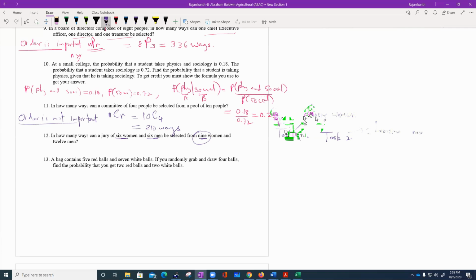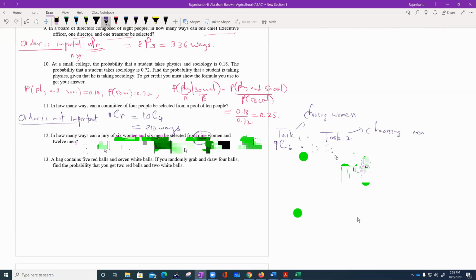How many ways could you choose women? There are 9 of them, you choose 6 at a time, and order is not important. Therefore, 9C6. Now you multiply with task 2, choosing men. We need to choose 6 men out of 12 men, so out of 12 you choose 6.